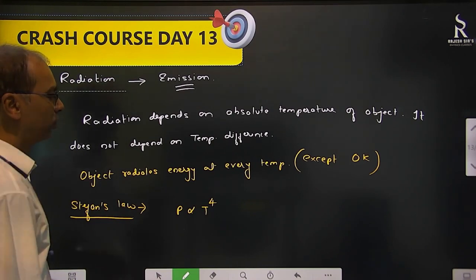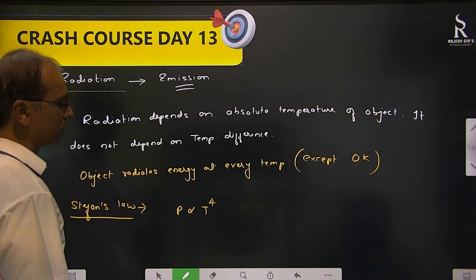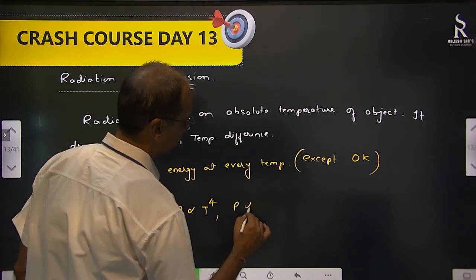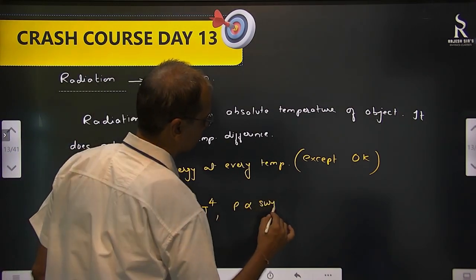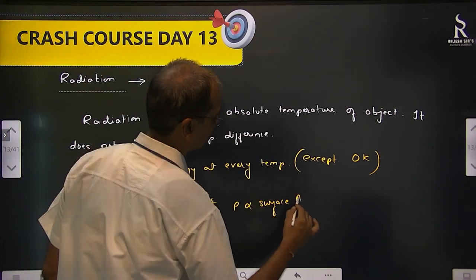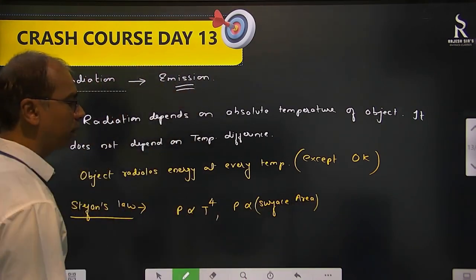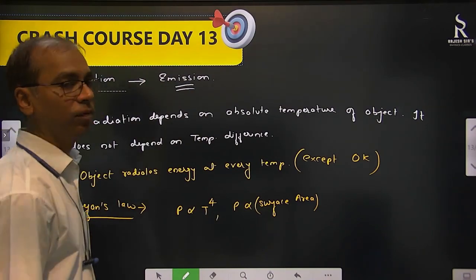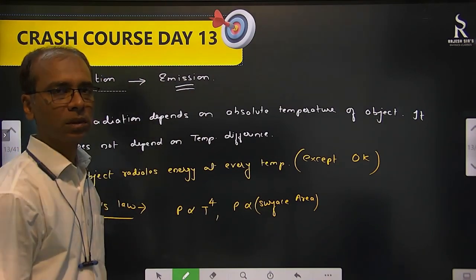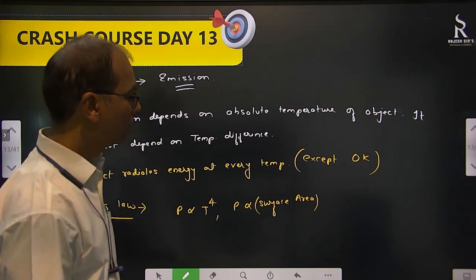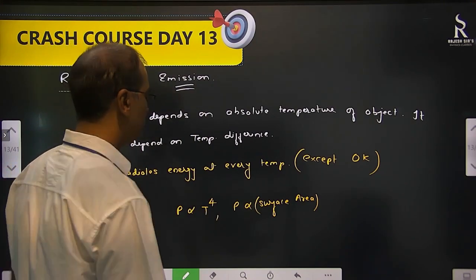It is also proportional to the surface area of the object, and it's also proportional to emissivity. If it's a black body, emissivity is 1. But if it is not a black body, then it depends on emissivity also.